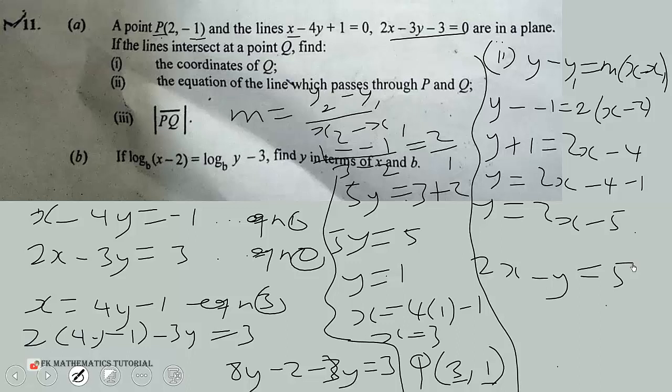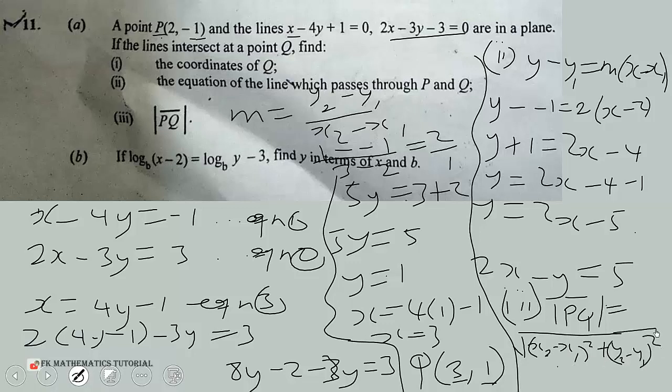Now we have to find the magnitude of line segment PQ. So the magnitude of line segment PQ is given by square root of x2 minus x1 all squared plus y2 minus y1 all squared.